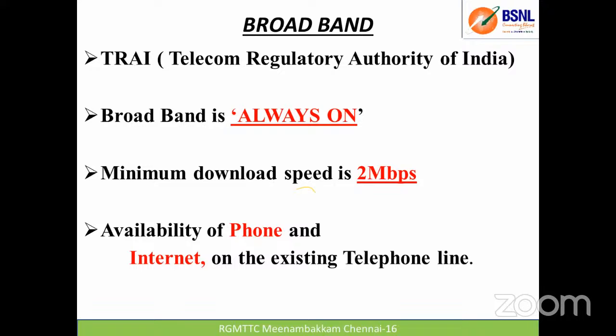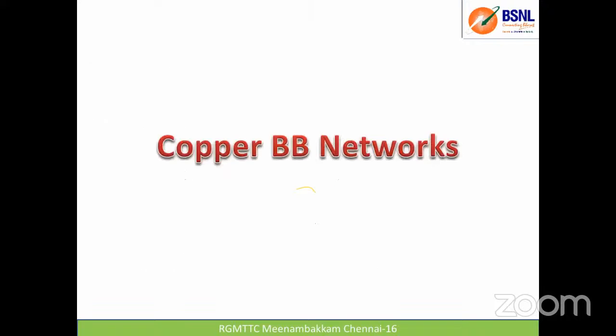The minimum download speed is 2 Mbps in the case of copper broadband connections. We can use the phone and the internet on the existing telephone line simultaneously.